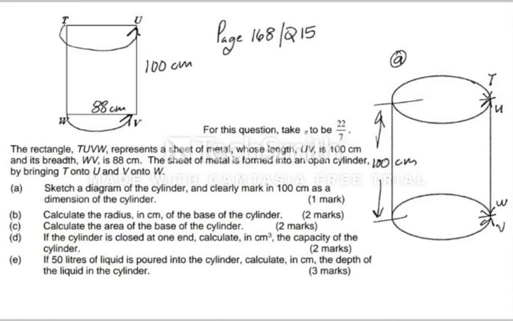Bear in mind they didn't cut the sheet, so WV remains 88 centimeters. But over here, WV is the length of one side of a rectangle. Over here, WV is the circumference. So let's go on to B.